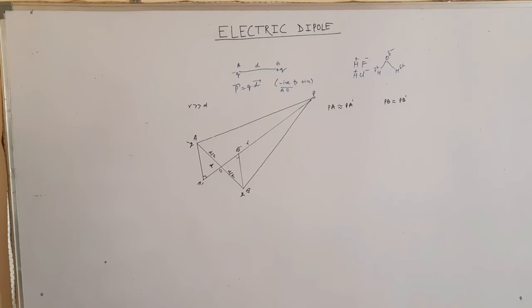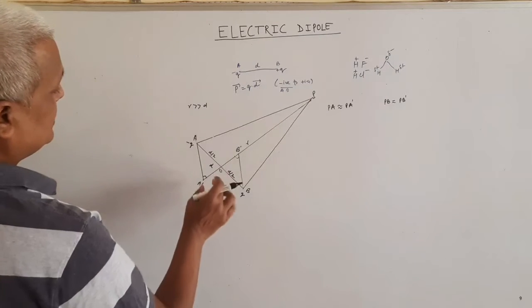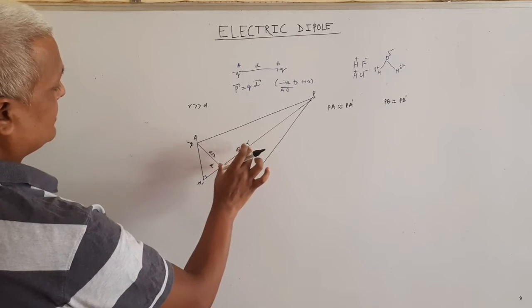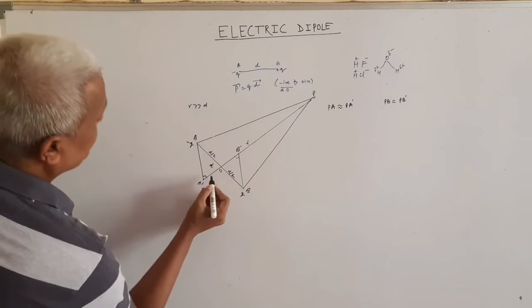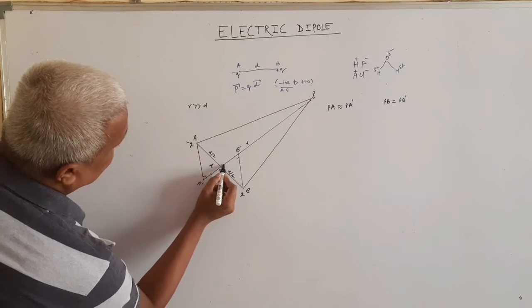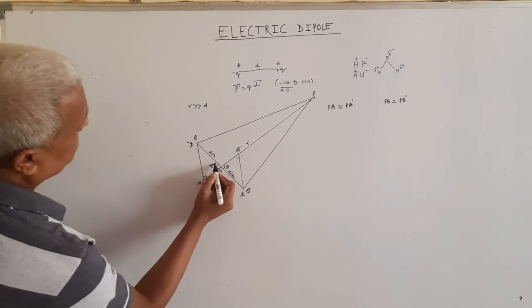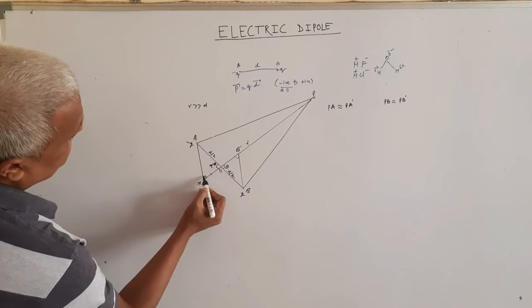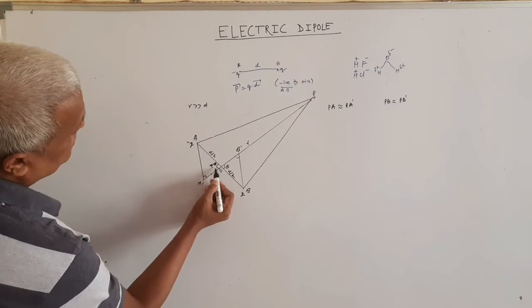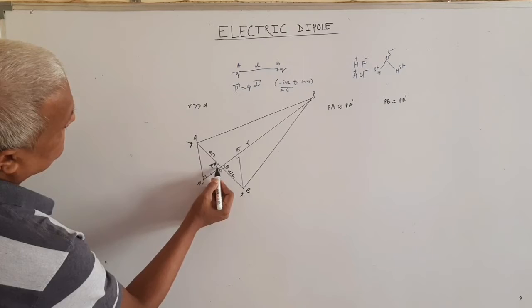So now, since OP is R, I need to find this value. This is 90 and this angle is theta, so this also becomes theta. So what is this value? This is 90, this is the hypotenuse and this is my adjacent.